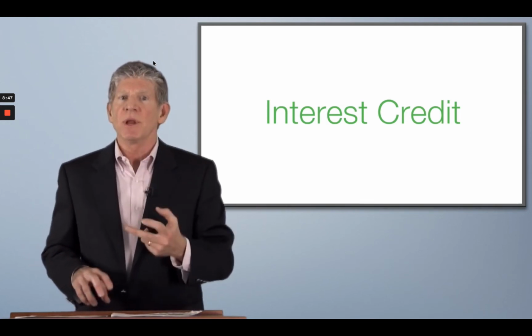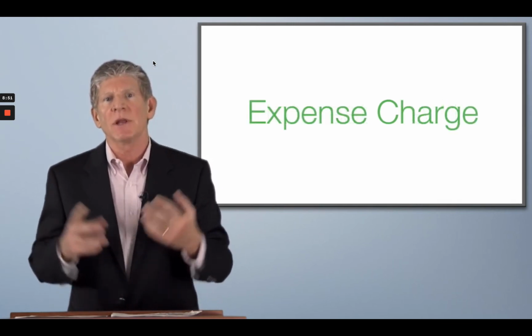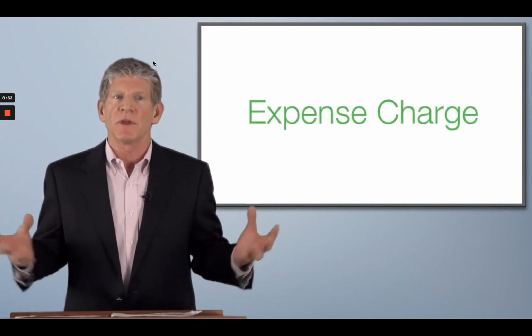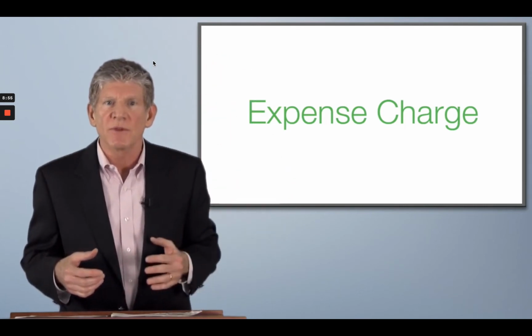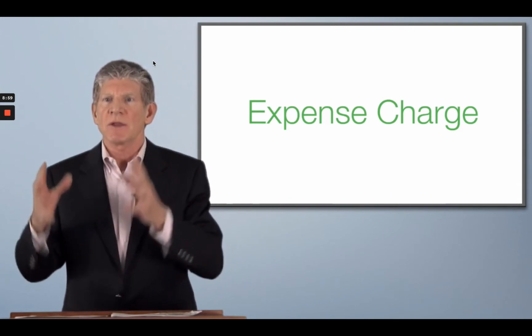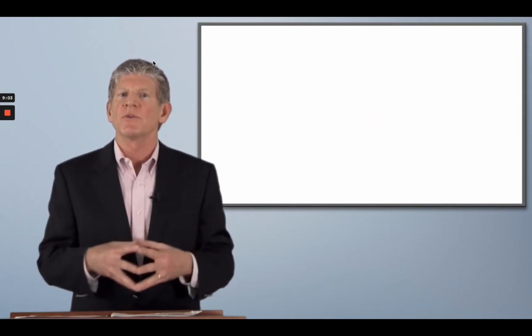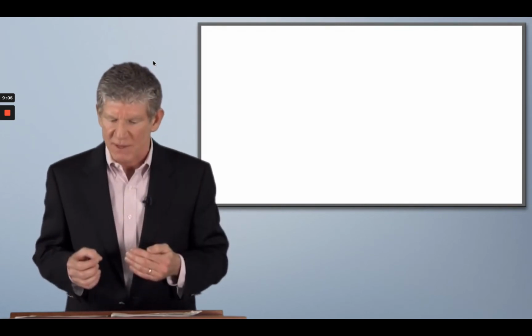To that net premium, the mortality charge offset by an interest credit, the company adds an expense factor that covers everything from the company's overhead, lights, paper, your commissions, everything. That expense load added to the net premium constitutes the gross premium that the customer pays.